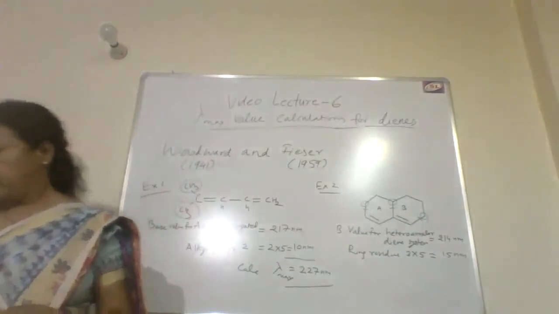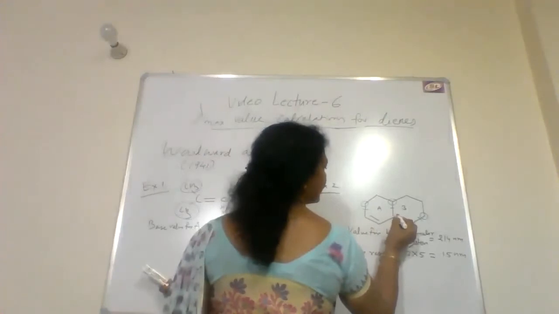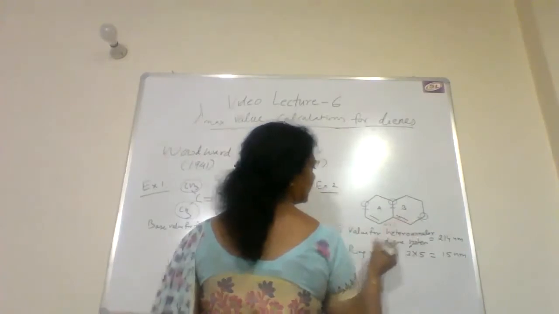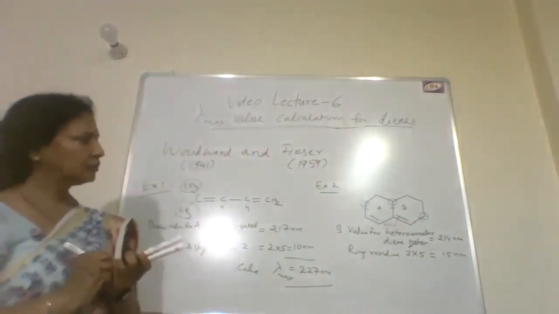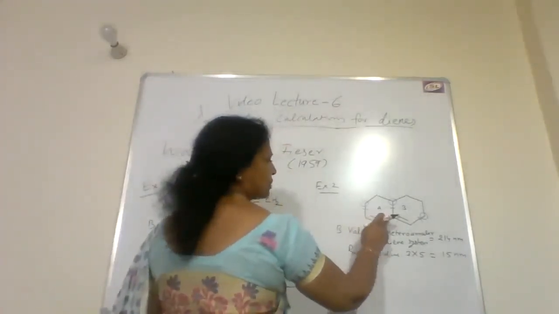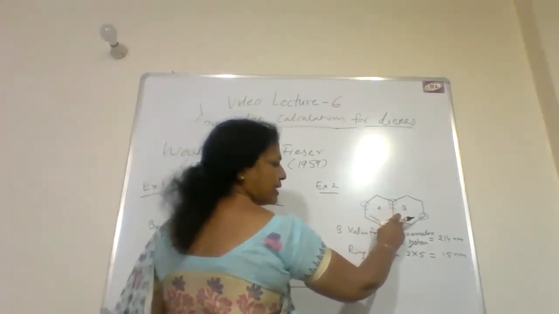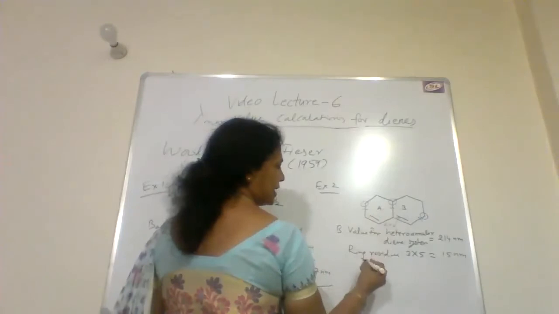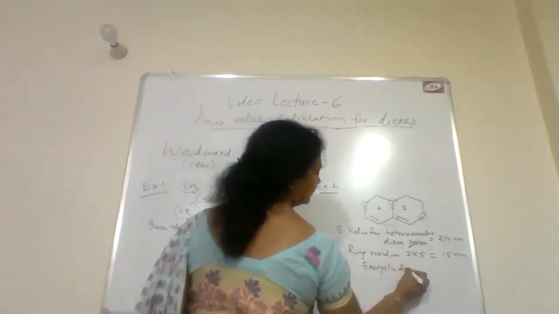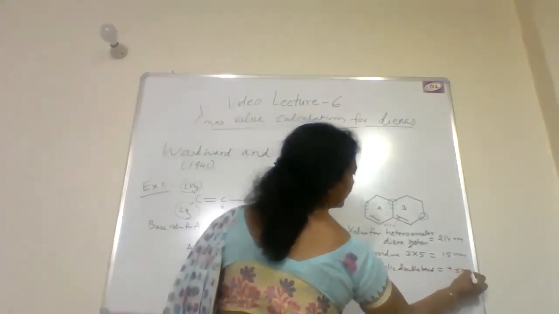One more thing here is exocyclic. This double bond is endocyclic, and this double bond of ring B is exocyclic for ring A. Exocyclic double bond, plus 5 nanometers.